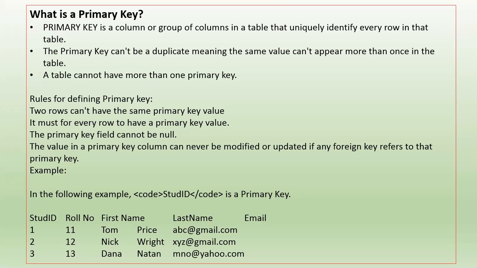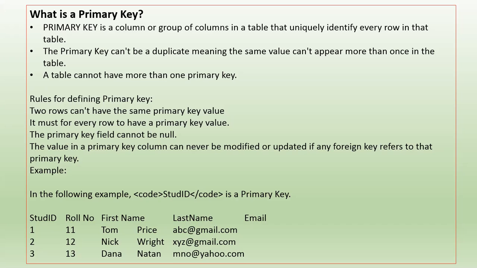Rules for defining a primary key. Two rows cannot have the same primary key value. Next, every row must have a primary key value. The primary key field cannot be null.